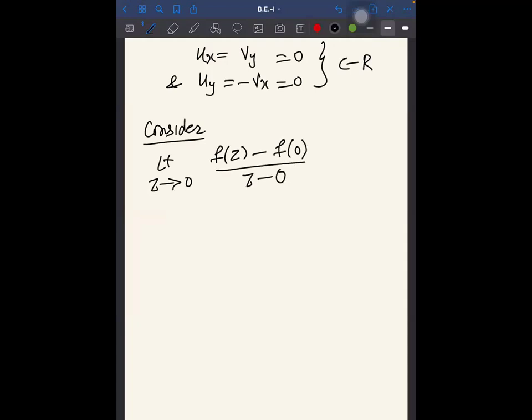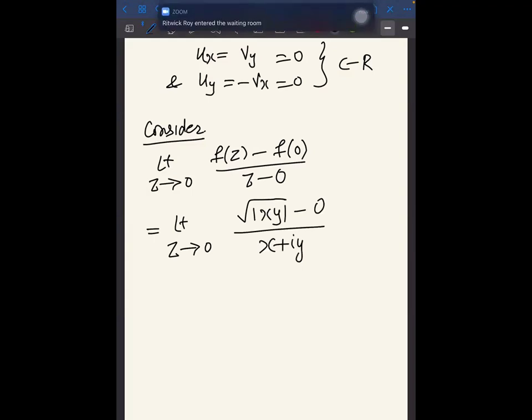Are you with me on this? So what is your f(z)? That is nothing but root |xy| minus f(0) which is 0, and here we'll write it as x plus iota y. So we should also make (x,y) go to (0,0).